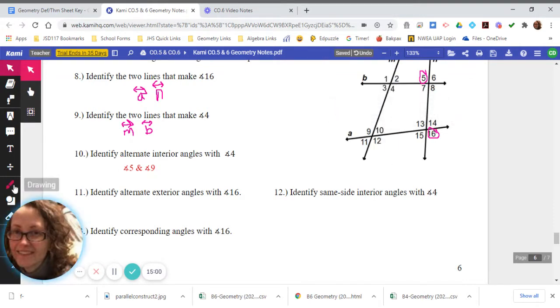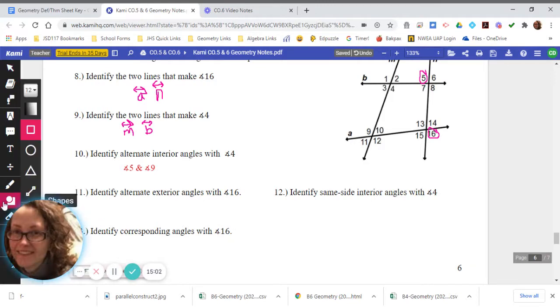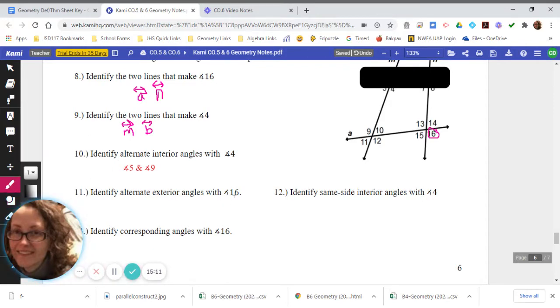And then I can cover up the other line up here. Again, I don't want to cover up anything with 16 because that's my main angle. Alternate exterior angles would be also number 9. So 9 and 16 are alternate exterior angles.